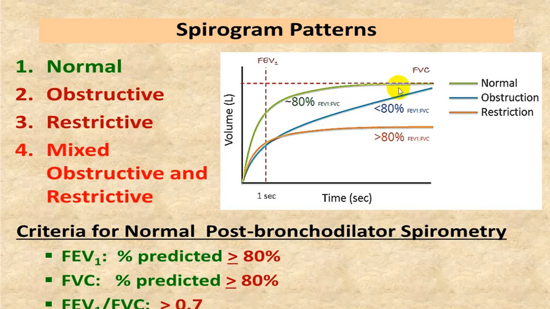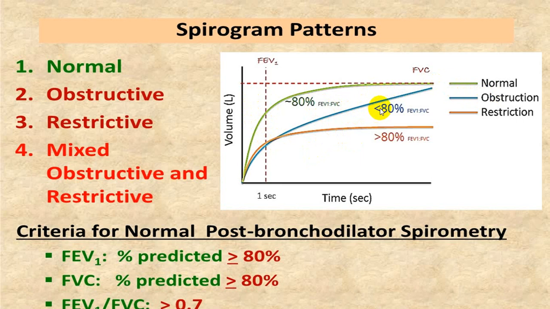So now I'm on this chart only, I'll give you the idea. In normal, FEV1 is more than 80, FVC is more than 80, and the ratio is more than 70 or equal to 80. Clear, all the 3 reports. While in case of obstructive, FEV1 is reduced, FVC may be close to normal, and the ratio in case of obstructive will be less than 70.